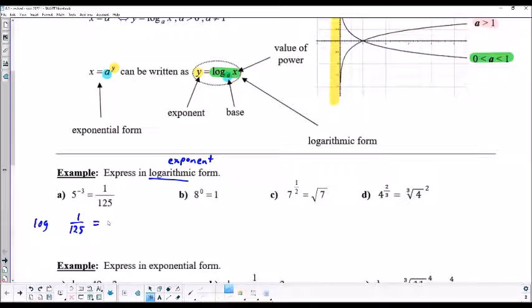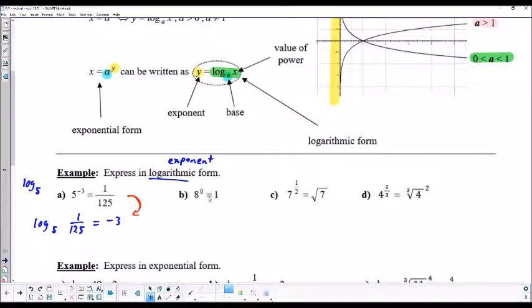The exponent is -3, so it goes over here, and the base is down here. Please make sure that you write that base of 5 as a subscript to the log. Please don't write it like that, because that's not where the base should go. The base should be down lower. That's the logarithmic form of this expression.